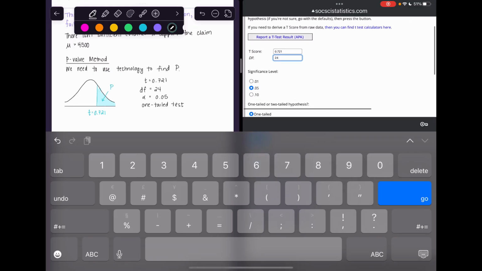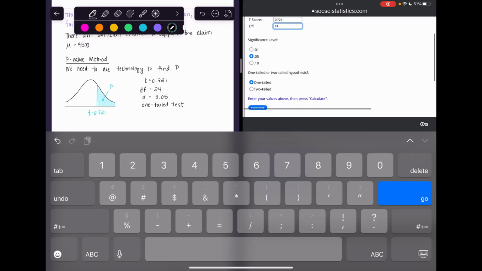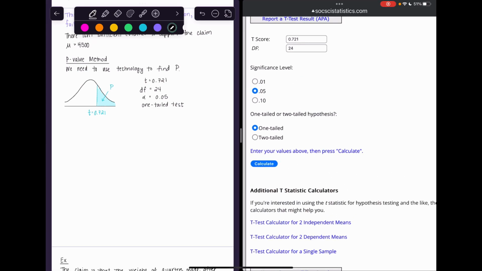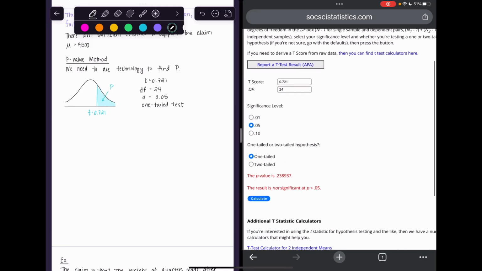You select whatever your significance level is, and ours is 0.05. And then from there, you can also click whether it's one-tailed or two-tailed. So in here, I've got everything entered. So I go ahead and calculate, and they tell me my p-value is going to be 0.238937. So p is exactly that.